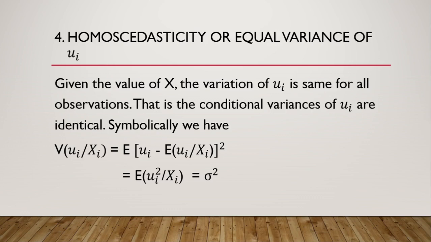So variance of u is equal to the expected value of ui square for a given xi, and that is equal to sigma square. So sigma square is used to denote the variance of the stochastic term ui. So the stochastic term has constant variance. This can be written as sigma square u also. Variance of ui is equal to sigma square u. That denotes we are considering the variance of the stochastic term.